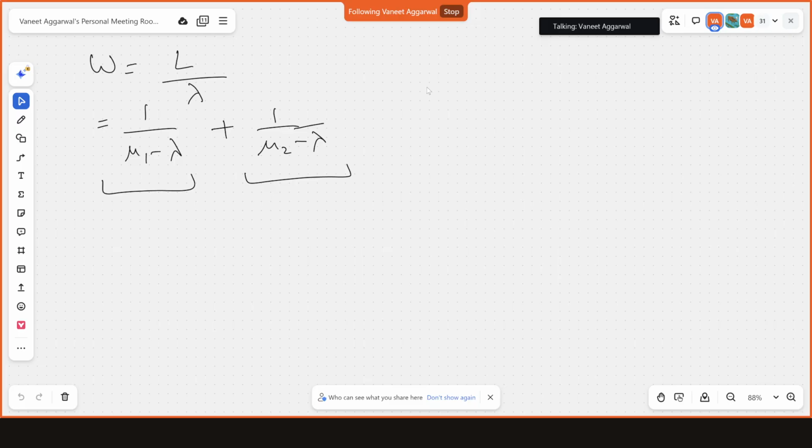So you can basically see that L, W, LQ, WQ are just the sum of the corresponding expressions for the first plus that for the second. Any questions?